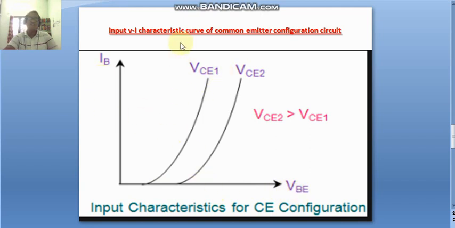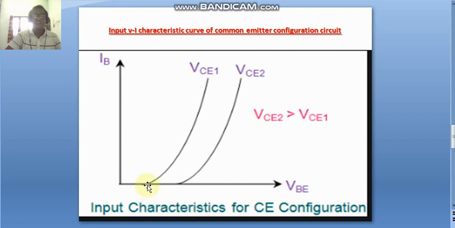By keeping VCE, the voltage in the output circuit, constant with rheostat 2, we change the VBE value with the first rheostat. When the voltage increases, V is directly proportional to I, so the current increases and can be noted down.